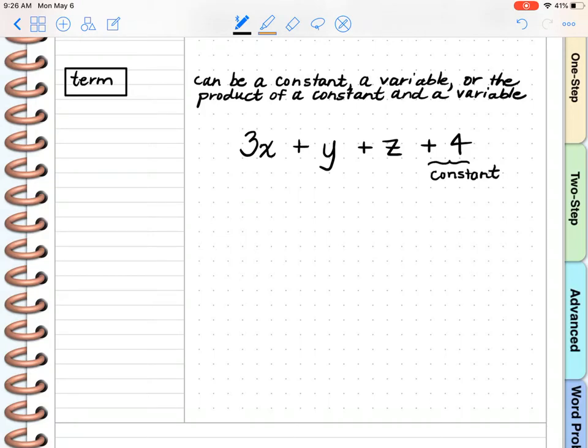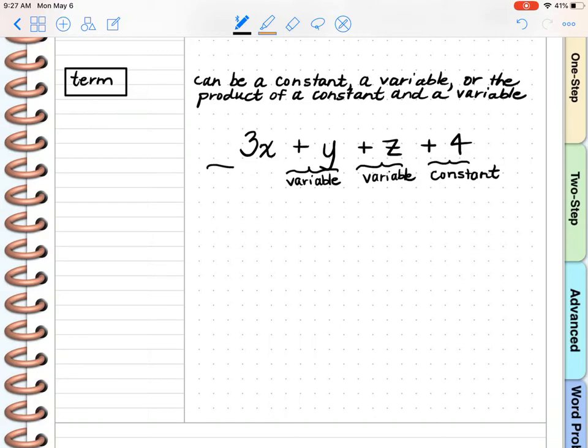Okay. Plus z, that is a variable. It's a letter. Plus y, positive y, that's a variable. And then this 3 times x is a term that has multiplication. We're saying 3 times x.